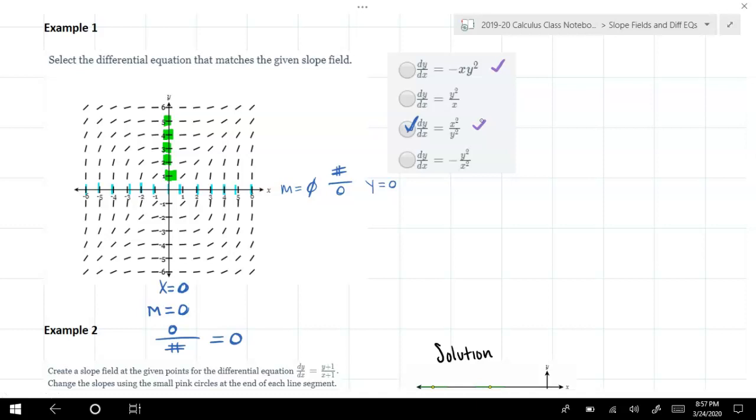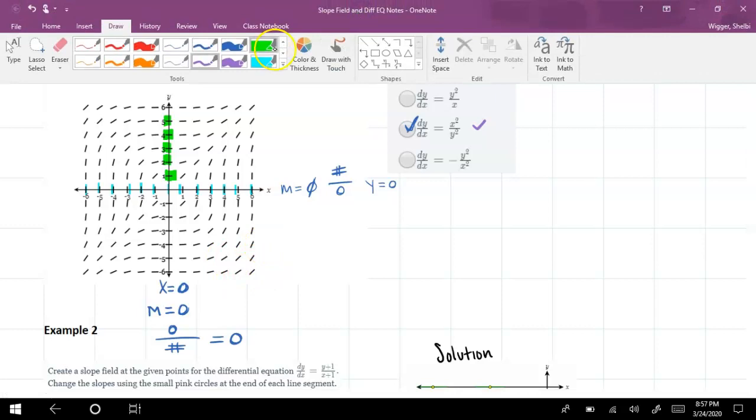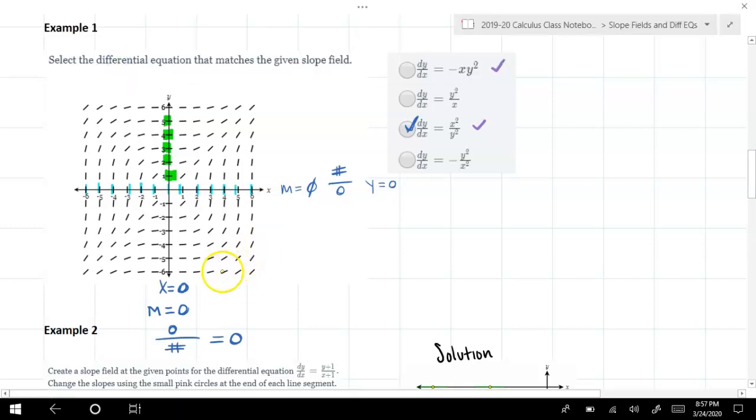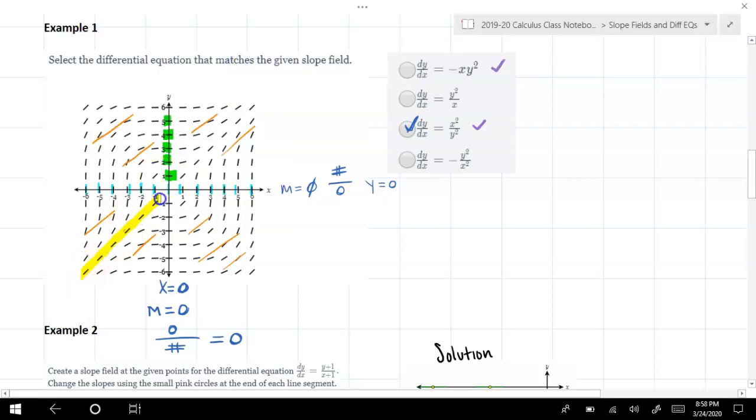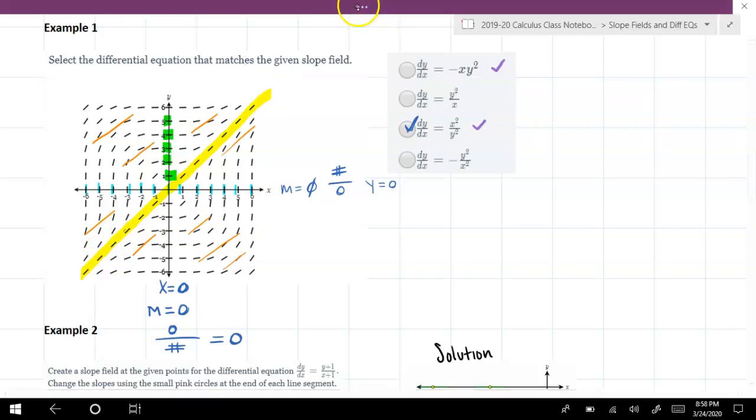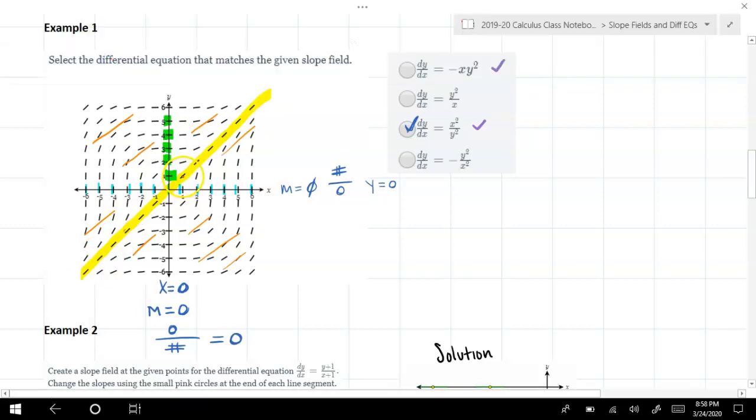We could also, if you look here, look overall, the slopes are almost all positive, and they're perfectly positive along the diagonal with the slope of 1, like over 1 up 1, that point has a slope of 1.